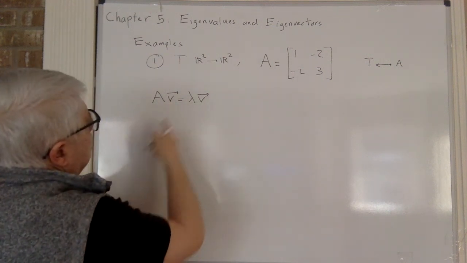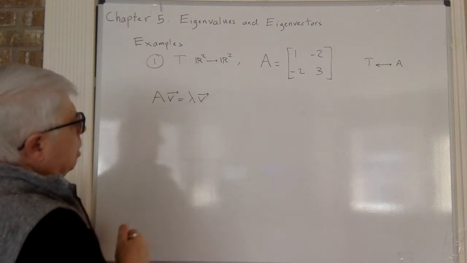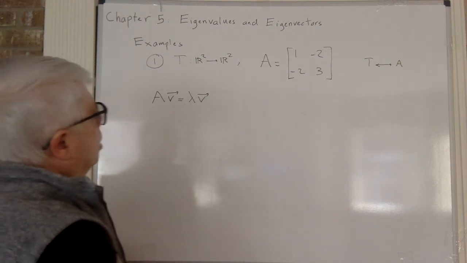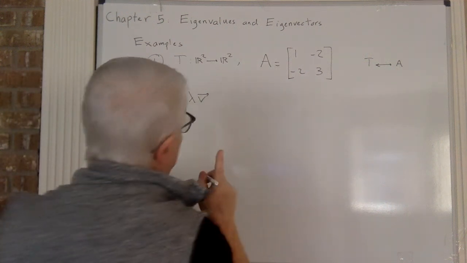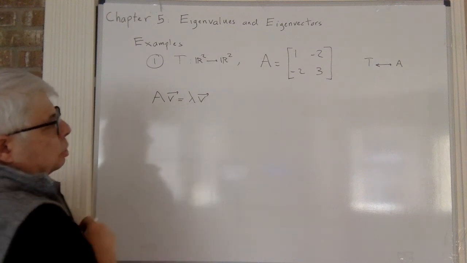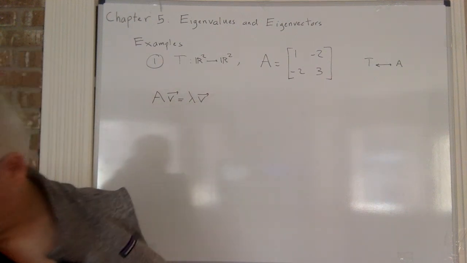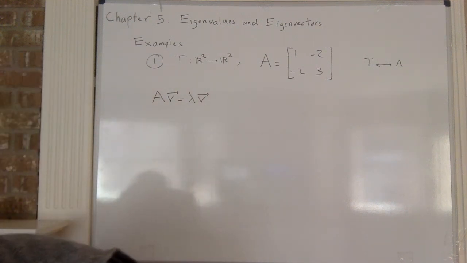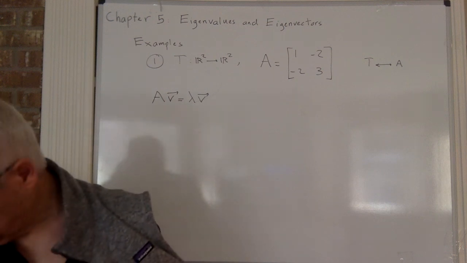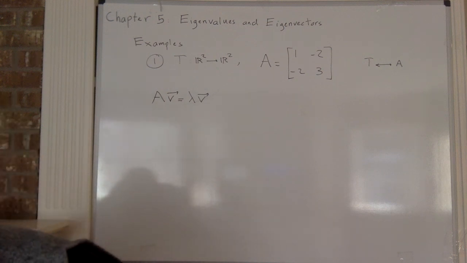I can move the lambda V to the left-hand side. Some people prefer to take it to this side, some to the other side. I'm not sure what the book does, so let me take a look. Okay, so it is the other way.